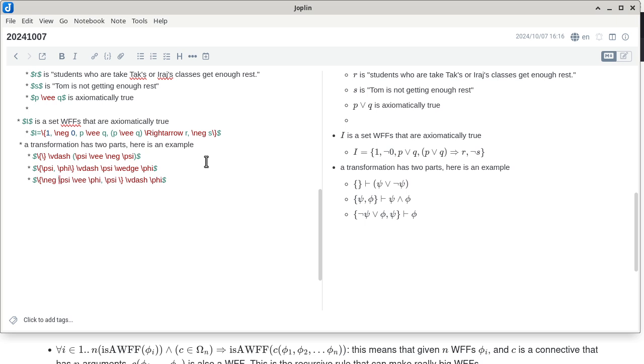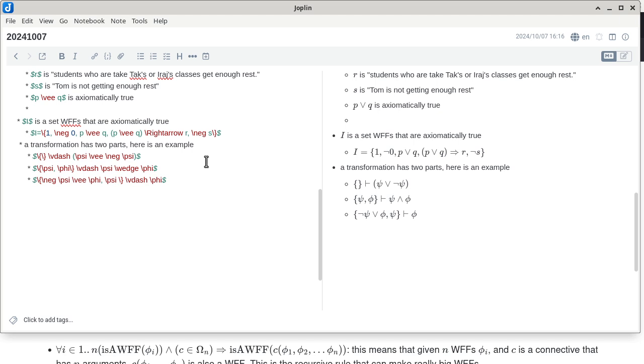So in this case, in the third transformation rule, I'm looking at a very specific pattern now. I'm looking for a single well-formed formula. What about that well-formed formula? It has to be an OR. The last operator to be applied has to be an OR. And then I have specific requirements of the one on the left-hand side.